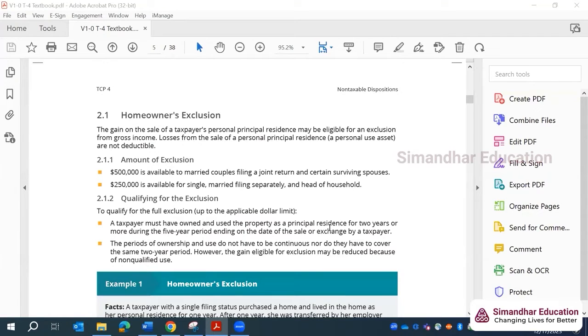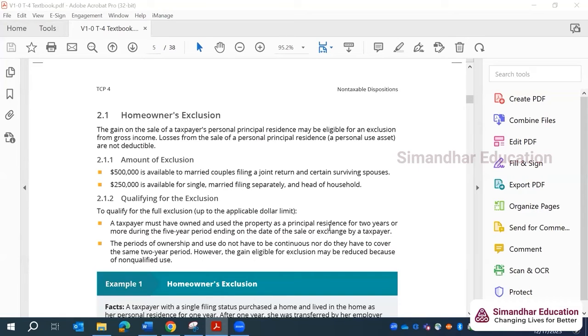So I used the property, though I was not owning it. Remember, I told you that the usage period and the ownership period may not be the same. Okay. So I used the property for 2020 and 2021. Did I satisfy the ownership requirement? Did I own the property for 2 years?